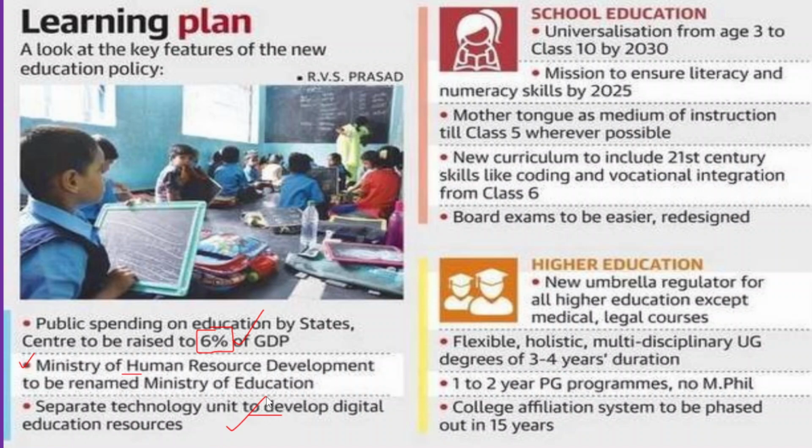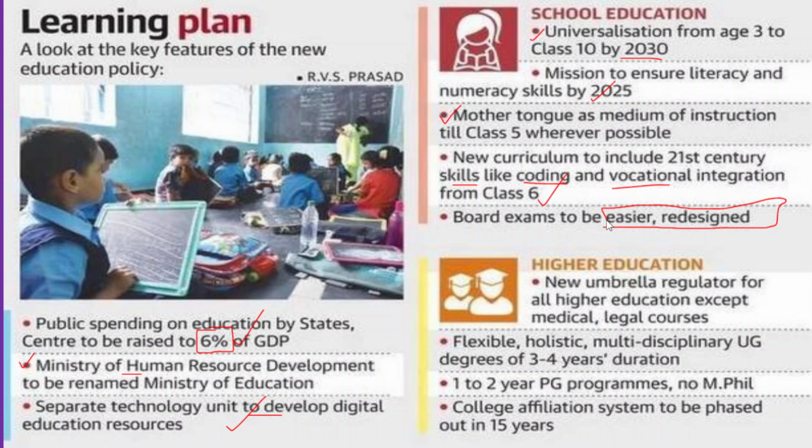Focus will be on universalization of education from age 3 to class 10 by 2030, and a mission to ensure literacy and numeracy skills by 2025, and mother tongue, which we have already discussed, and a new curriculum to include 21st century skills, like coding, and vocational integration from class 6. Board exams will be made easier and redesigned.